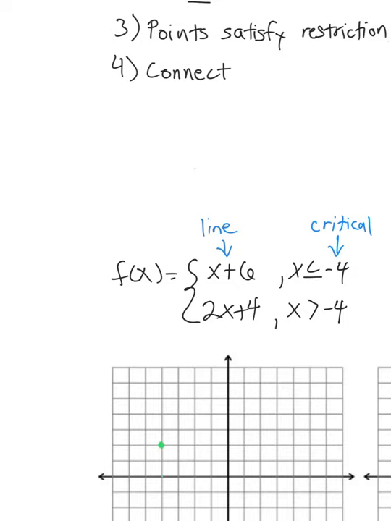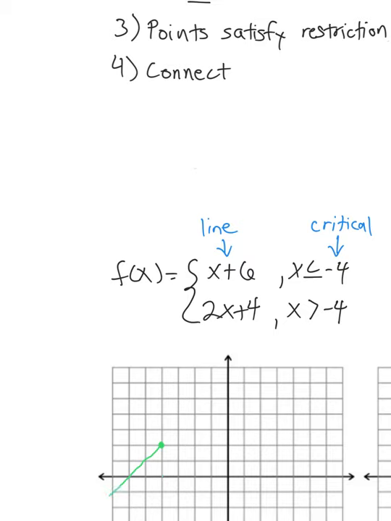And then from there, less than that, it is x plus 6. That is a line with a slope of positive 1. So I know it should always go up. So it should look like that.